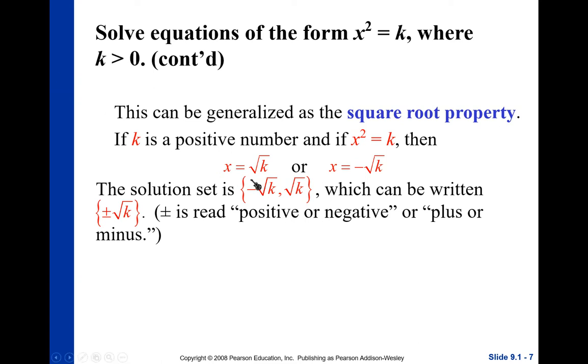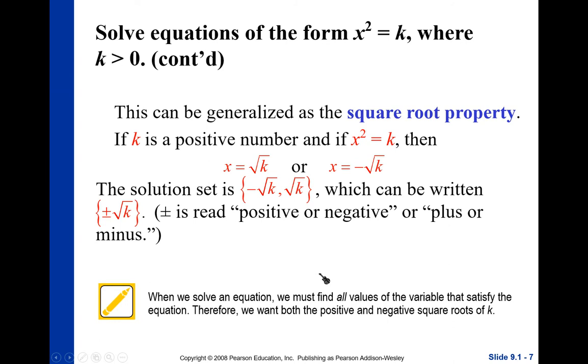Ang magiging equation natin, x is equal to square root of k, or x is equal to negative square root of k. Na kung saan, ang magiging sagot dyan na sa isang set ay negative square root of k, then positive square root of k. Or pwede namang ilagay siya as ganito. This can be read as positive or negative or plus or minus.